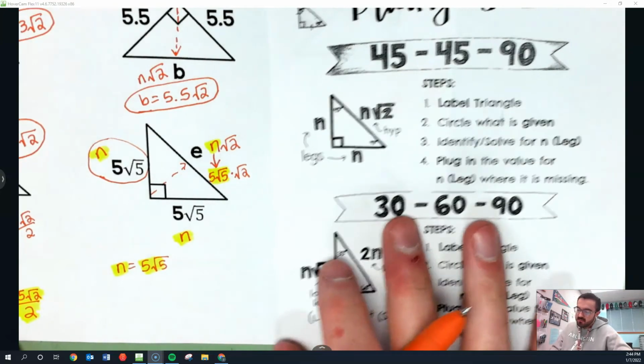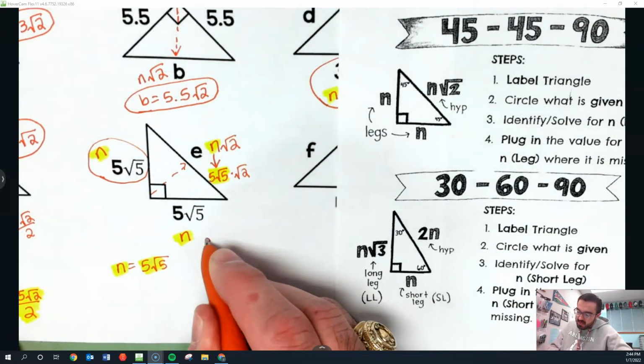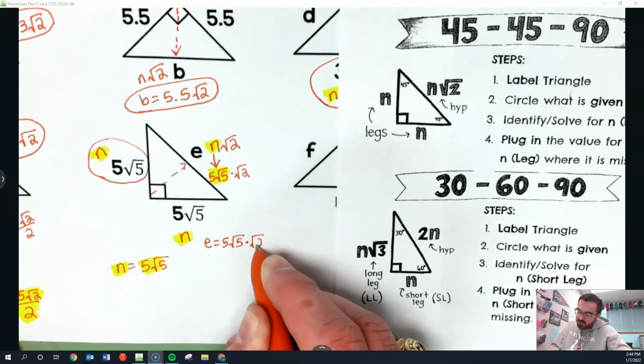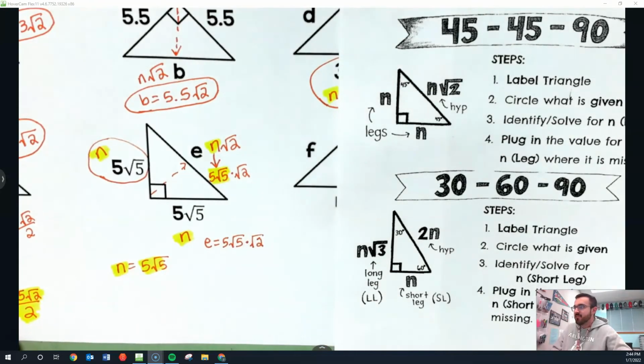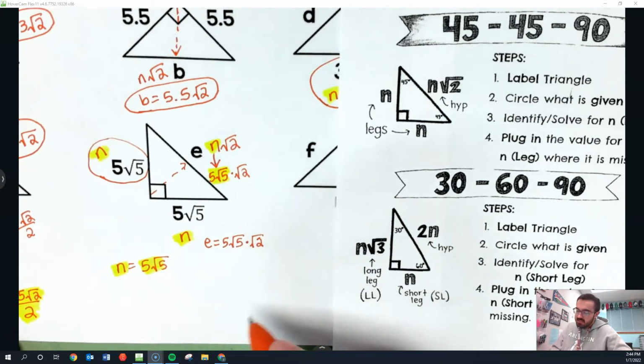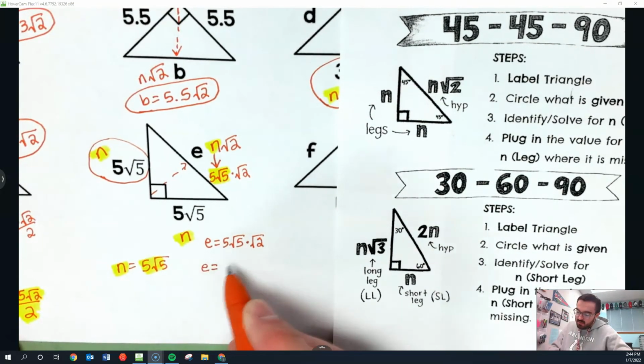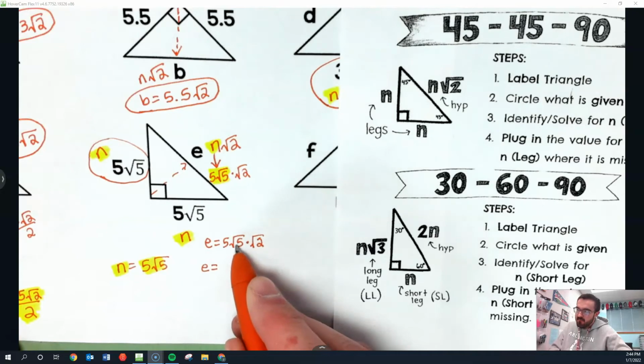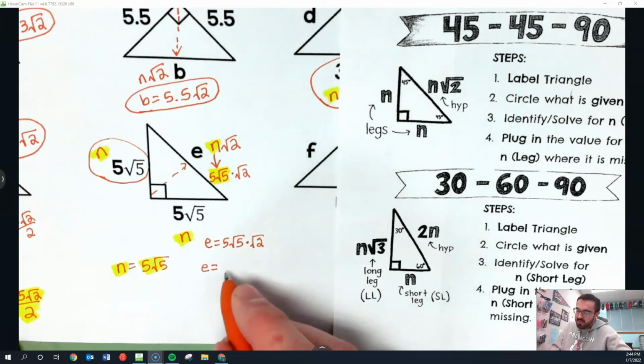So at this point, I'm going to rewrite this down here. I have e equals 5 root 5 times root 2. Okay, that is not simplified. That is not an answer that I can circle yet. But I can simplify this. E would be equal to 5. There's nothing else I can multiply by 5 because there's nothing else outside of a radical. But 5 and 2 are both inside of a radical.